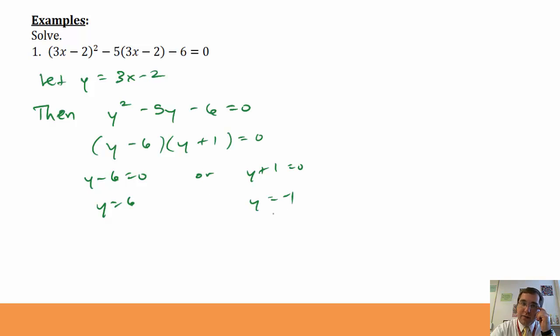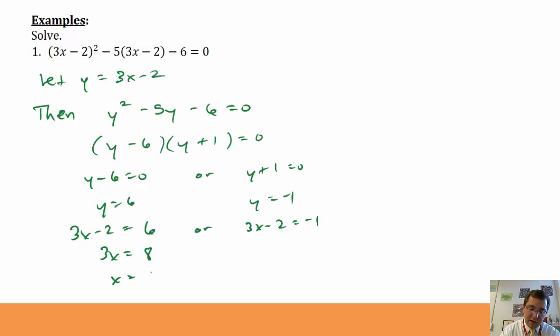But remember, I'm not solving for y, I'm ultimately solving for x. So I'm going to replace y now with 3x minus 2. So 3x minus 2 equals 6, or 3x minus 2 equals negative 1. So that means 3x equals 8, and x equals 8 thirds, or 3x equals 1, and x equals 1 third.